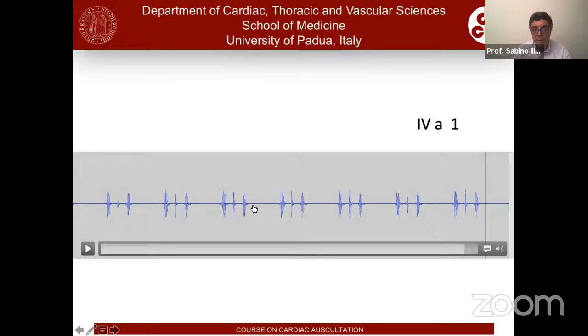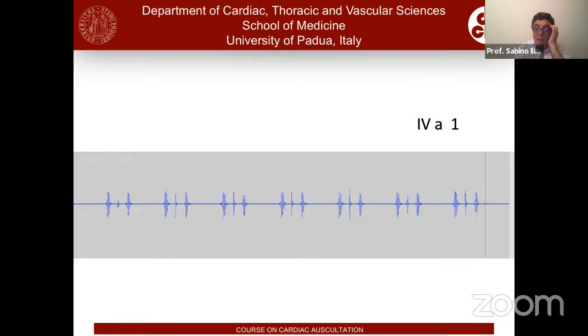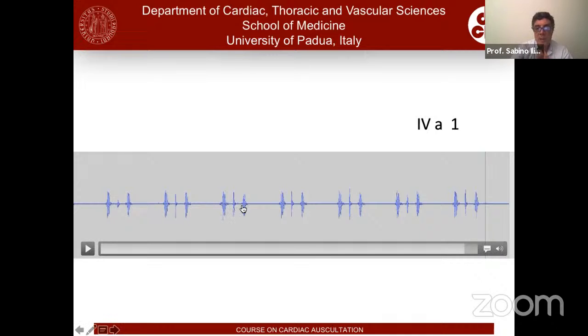Now I want to spend time with you on the differential diagnosis of two different situations that produce three sounds that theoretically could be confusing. But I need to explain to you how to differentiate the two situations. Here we have first sound, click, second sound.